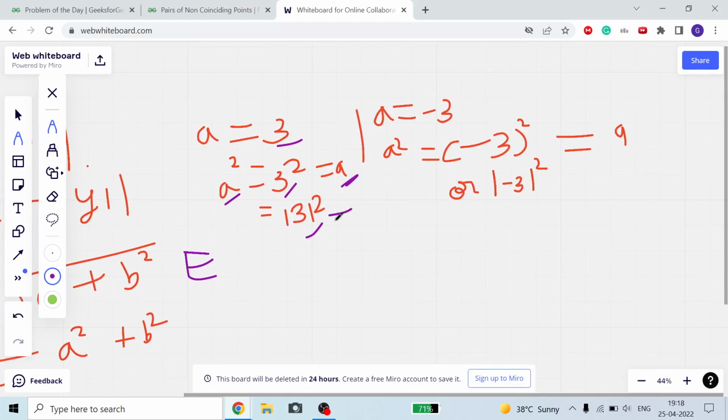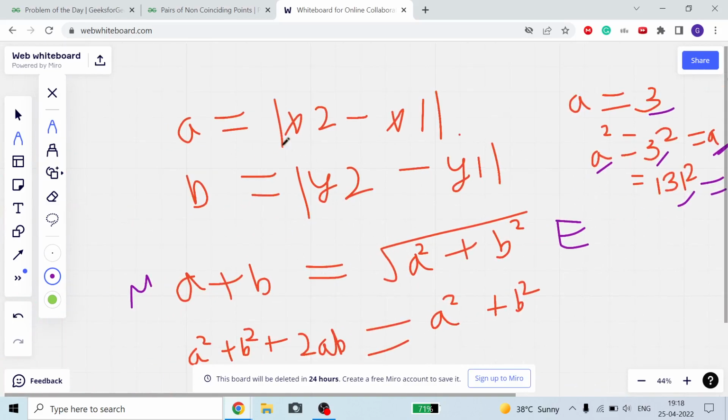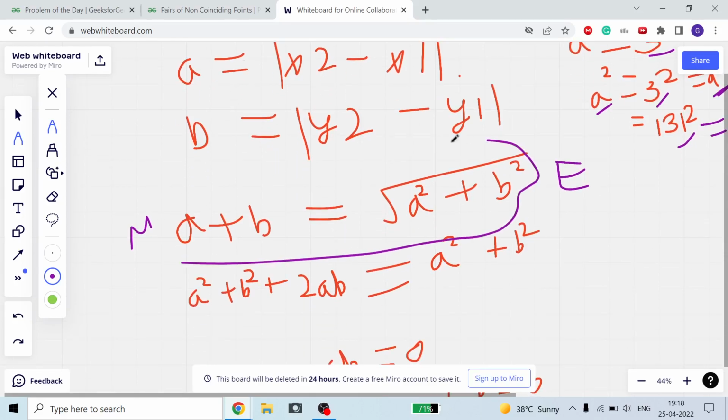If a is equal to minus 3, then a square is minus 3 square, or mod minus 3 square, which is 3 square, as mod removes the minus sign, and it also gives me 9. So in a square we can take mod or remove mod; in both cases I get the same answer. That's why I am taking the same value in my Euclidean distance as well. According to my question, these should be equal.